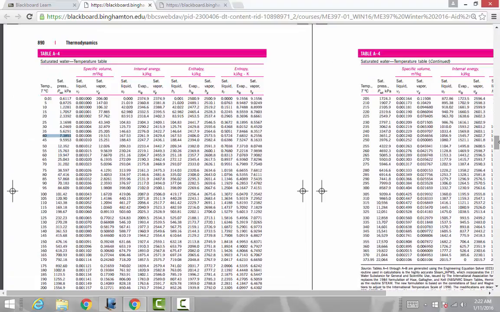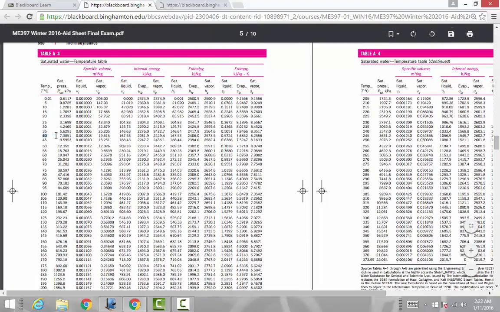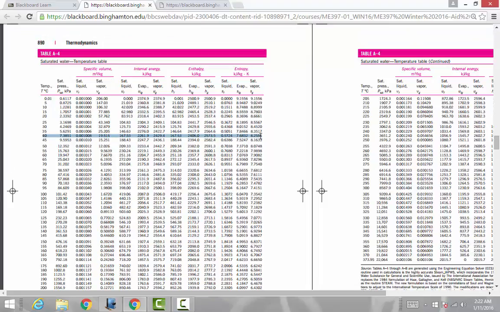So if I go to this table at 40, here are all the properties that I was looking for. Do not get lost in the example. We are looking for specific volume to be able to find the mass, and we are looking for enthalpy because part C asks us about total enthalpy change.